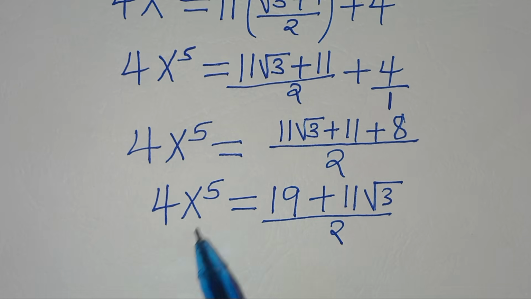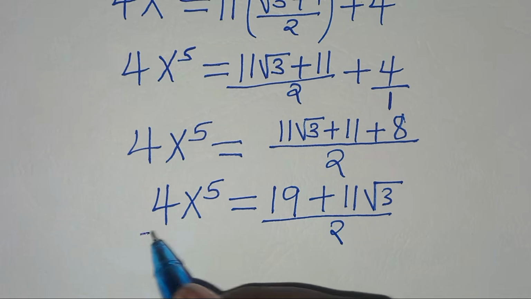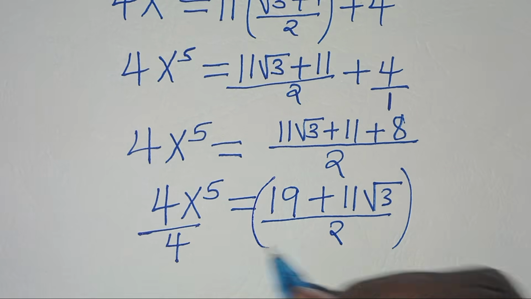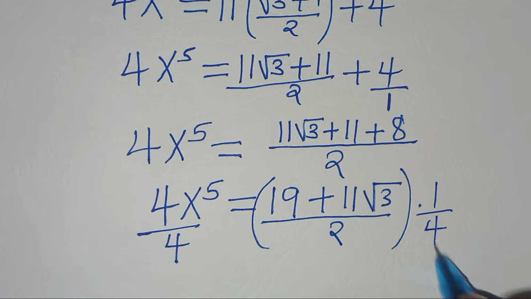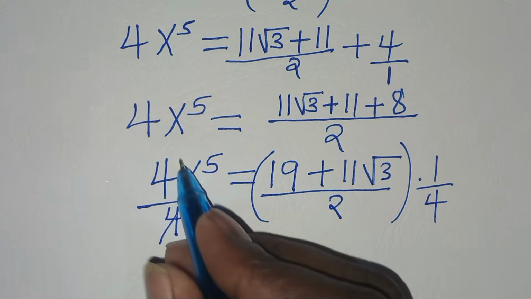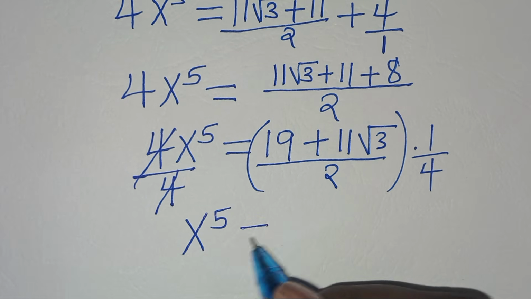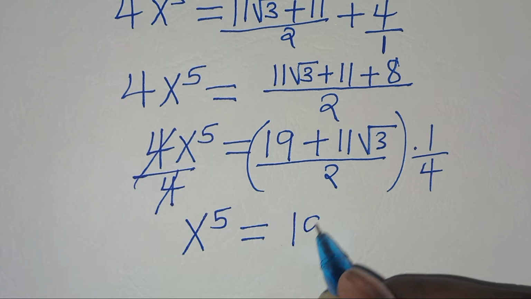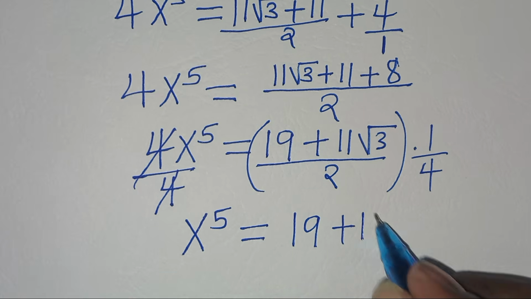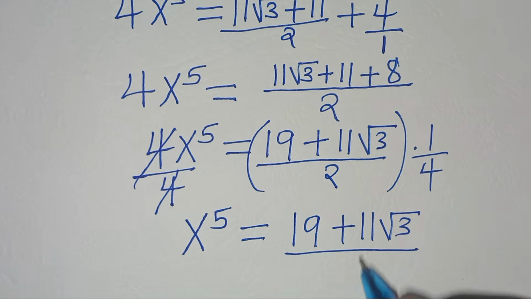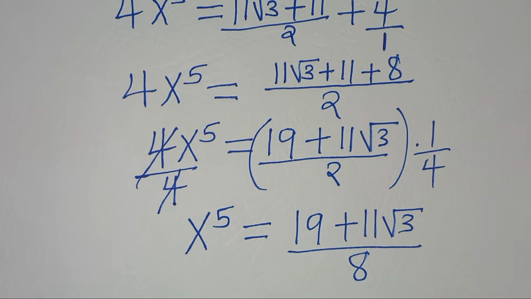Now this means that here we have to divide on both sides by 4. This is the same thing as multiplying by 1 over 4. So we simplify here, so that now x^5 is the same thing as (19 plus 11 square root of 3) divided by 2 times 4, which is 8.